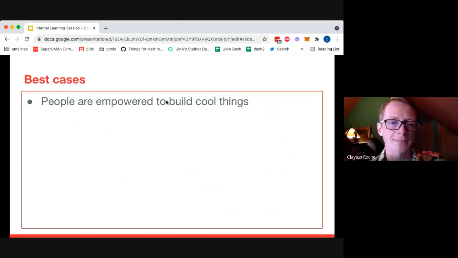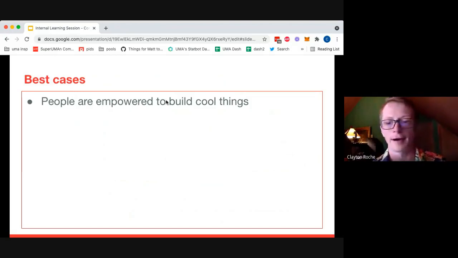So in the best cases, people are empowered to build cool things. That's important for autonomy, allowing them to build cool things, build them the way they want to build them, and present them fairly freely. Something that benefits a community a lot is when you give people the tools to build and create stuff without your sign off or permission.